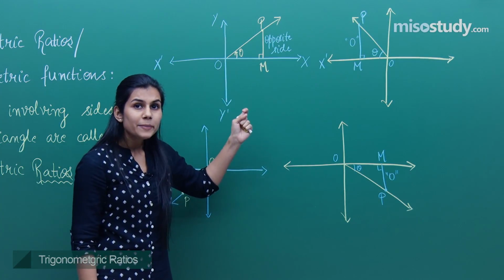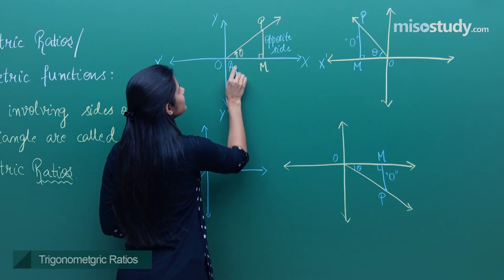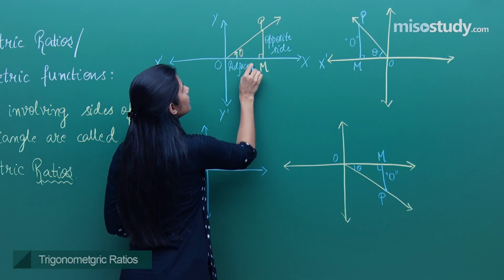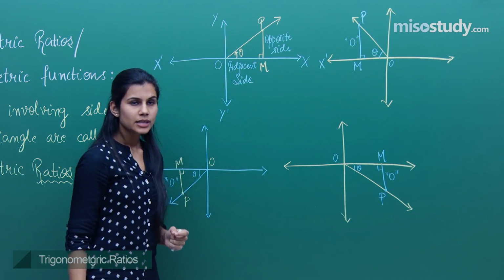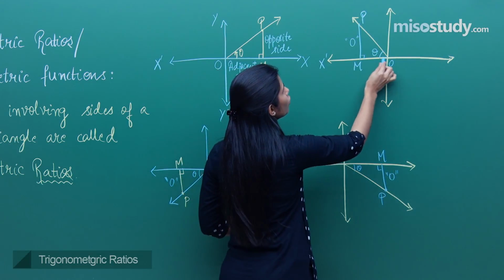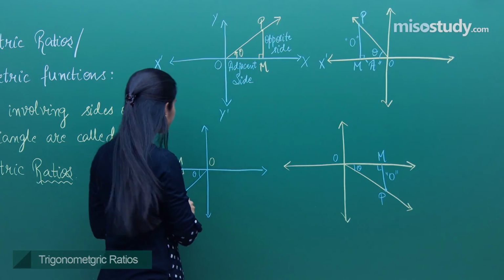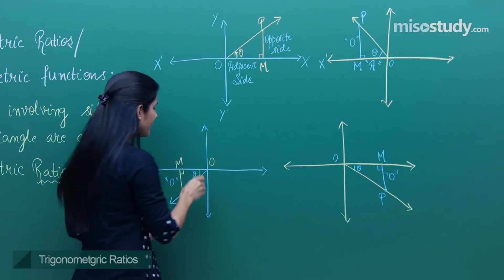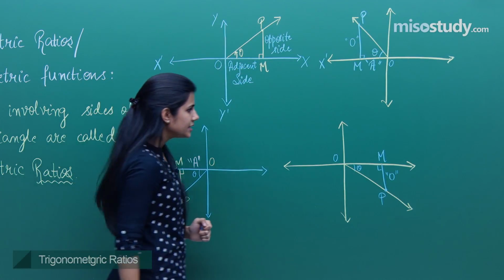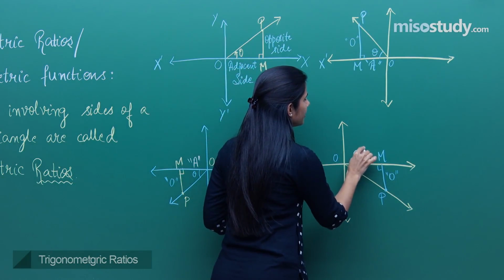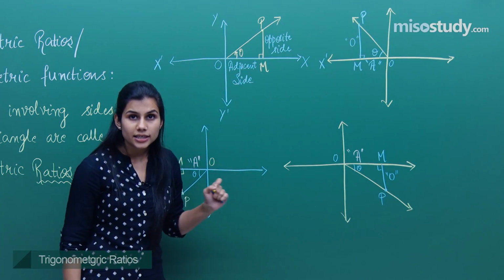The side OM is adjacent to the angle theta, and that is why its name is the adjacent side. Similarly, over here also OM happens to be the adjacent side. Over here again OM happens to be the adjacent side of the angle theta, and over here again the same happens.